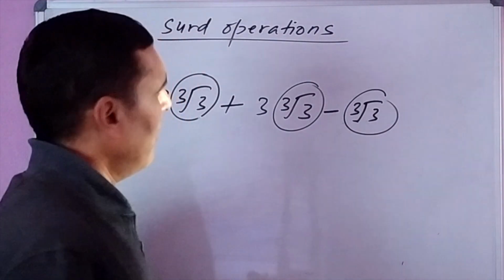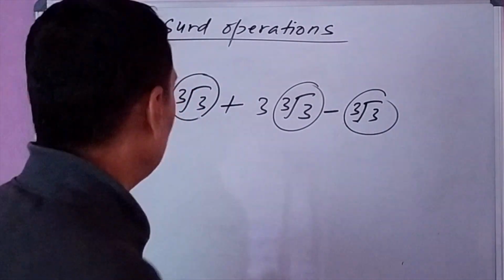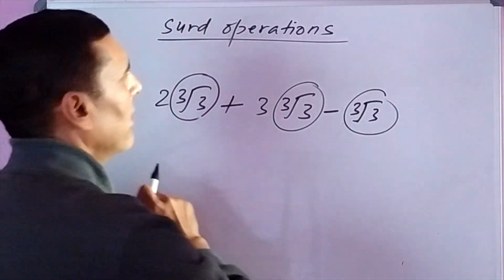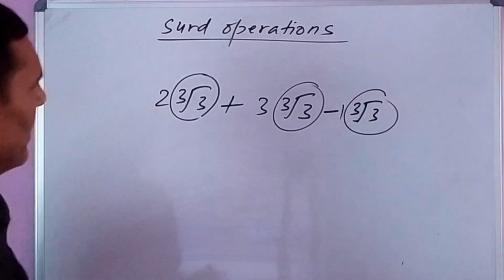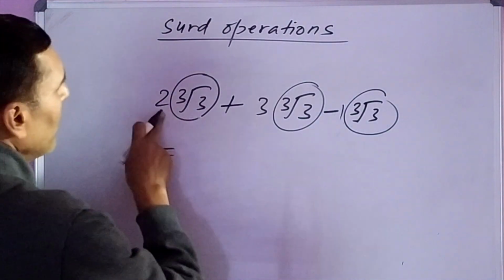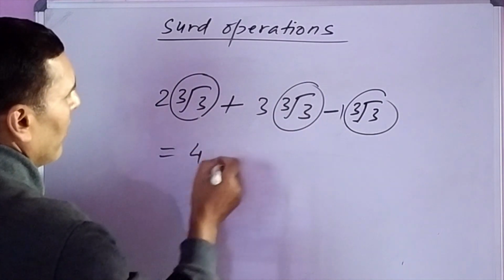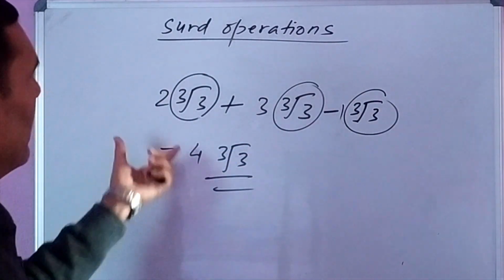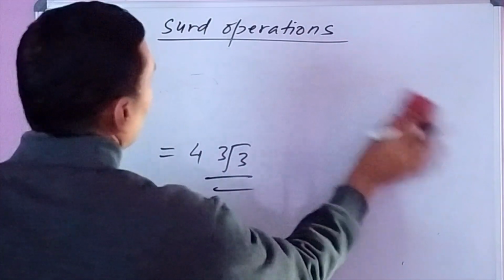Adding or subtracting, we just add or subtract the coefficients of the sorts. What is the coefficient here? 2. Coefficient of the second sort is 3. Coefficient of the third sort, if there is nothing, there is 1. So it is 2 plus 3, 5, 5 minus 1, 4 times cube root of 3. This is the addition or subtraction of sorts having the same order.